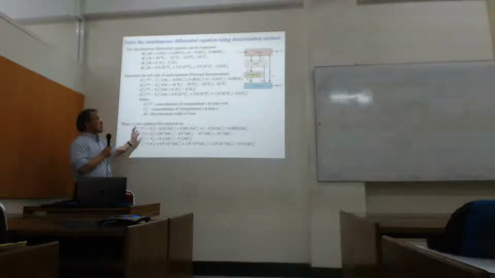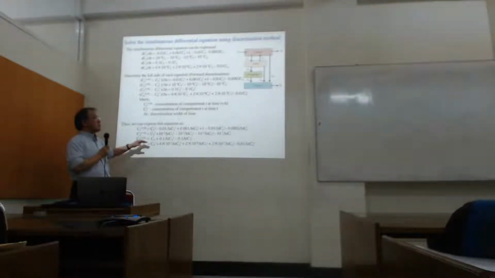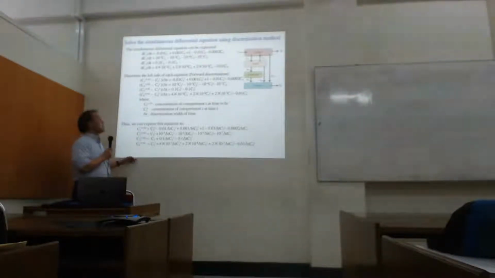There is another method, backward differentiation or central differentiation, but today I just explain the simplest method. Well, I should say numerical approximations. So the forward approximation is the most simple.